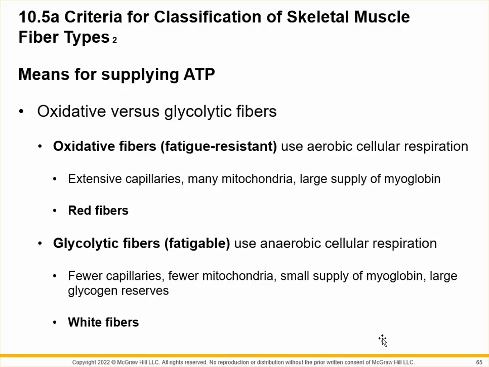Duck breast is a red meat. And they don't walk very much. They float. So their legs don't have the same amount of oxidative fibers. That's just a very easy way to think about this.